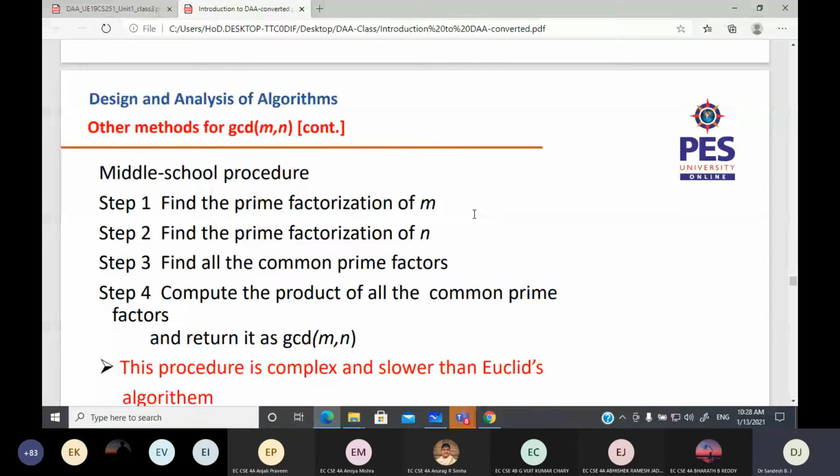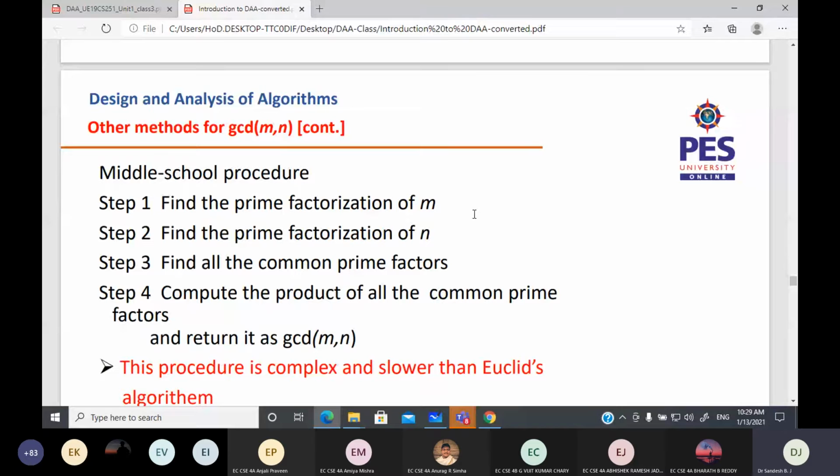There is one more algorithm which you could use for finding the GCD of two numbers. That is the middle school procedure by the prime factorization method. As you can see here, the middle school procedure says in step 1, you will find the prime factorization of m.